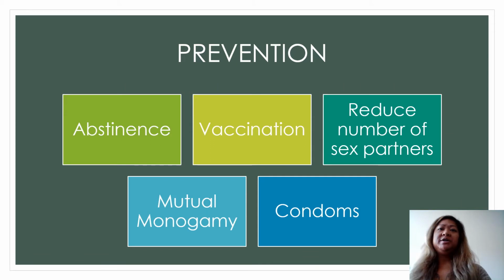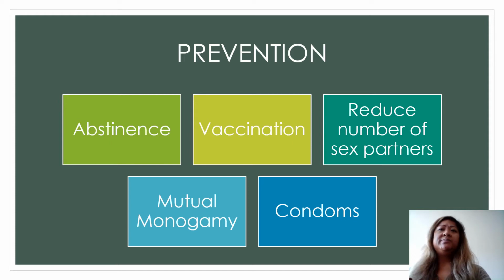How can you protect yourself from STDs? You can prevent them by abstaining from sex. This is the most reliable method for preventing STDs. Prevention by vaccination is safe, effective, and recommended in preventing Hep B and HPV.